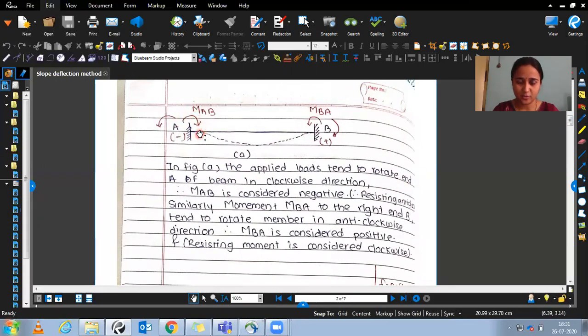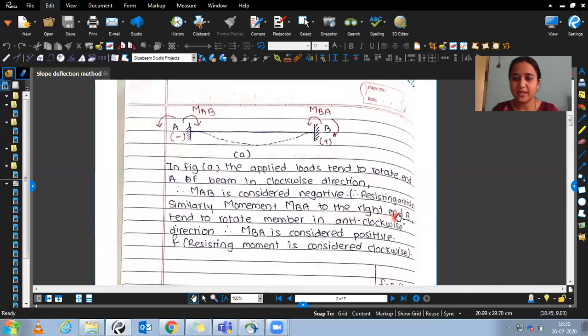Therefore, if the beam rotates in clockwise direction, that end moment is considered negative. That's why MAB, the moment at AB, is considered negative, and the resisting moment is anti-clockwise. So this is the resisting moment, considered anti-clockwise, which means positive.